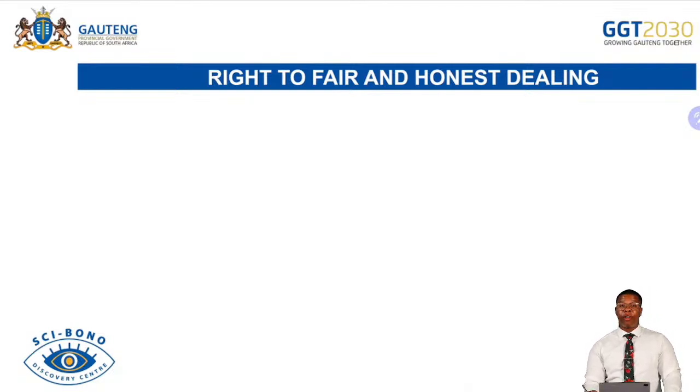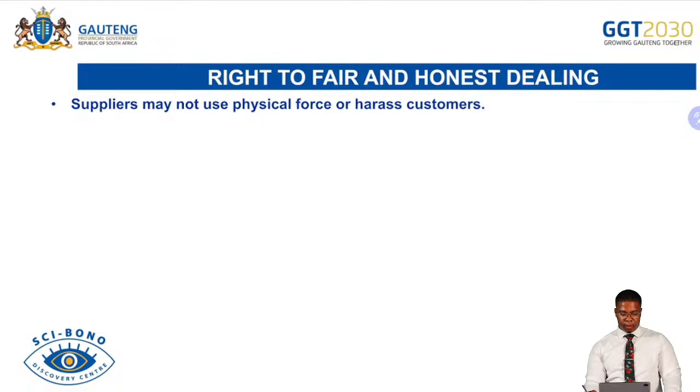Consumers have a right to fair and honest dealings. For instance, this means that the consumer can make sure that they don't face this: suppliers may not use physical force or harass a particular consumer. Hence, we say they have to be fair and honest when they are dealing with particular consumers.